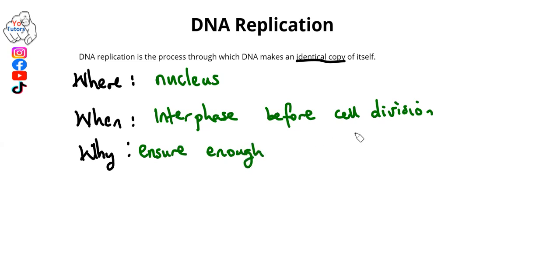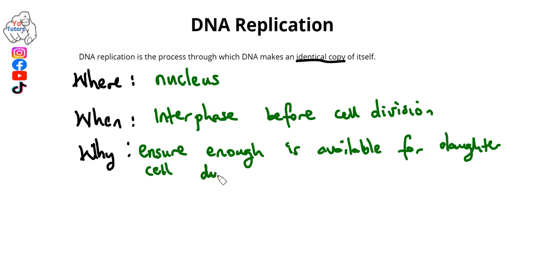The daughter cells of cell division have enough DNA, so enough DNA is available for daughter cells during cell division.